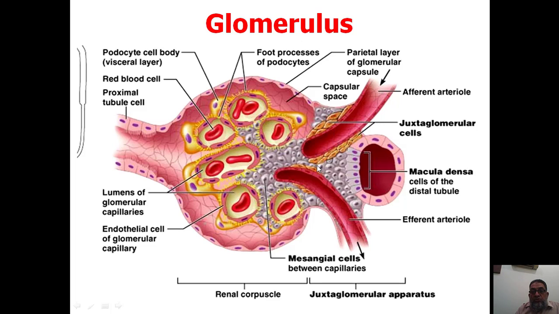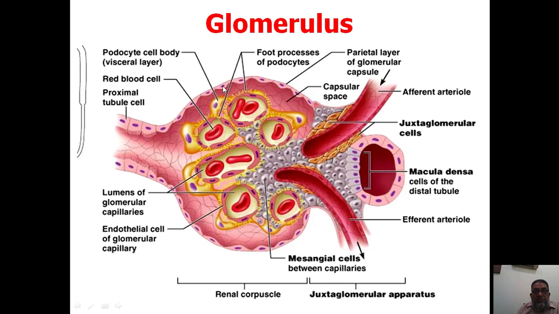So this whole system, along with the mesangial cell, afferent arteriole, JG cell, and the macula densa, all constitute the JG apparatus. This is a very important apparatus, which is concerned with controlling the body fluid and also controlling the blood pressure of the human being. So look at the picture.